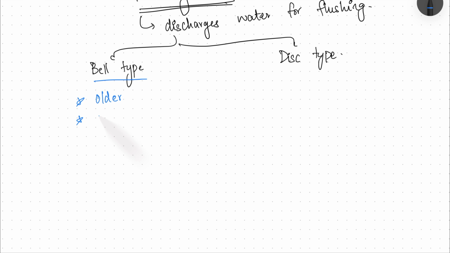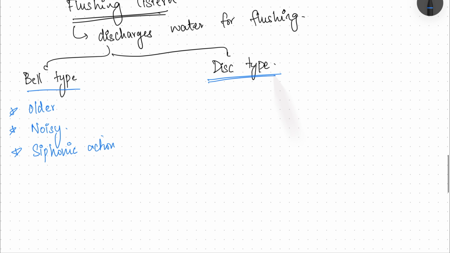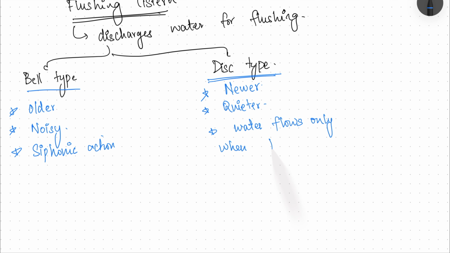It's also noisier, and it uses siphon action, while your disc type is newer. It's also quieter, and in this the water flows not because of siphon action but because the disc is lifted, and when the disc is placed again on top of it, the water flow stops. So water flows only when the disc is lifted.